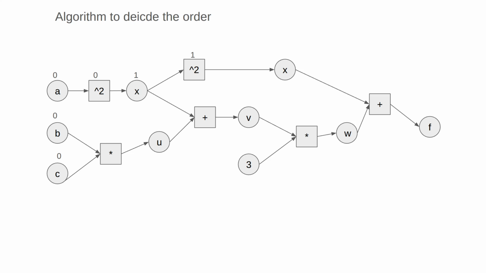So you can see that the function will be 1 since that's the only input, and this will become 2, and this one has 2 inputs, so we cannot decide its generation for now. We need to wait for the generation of W to be generated.